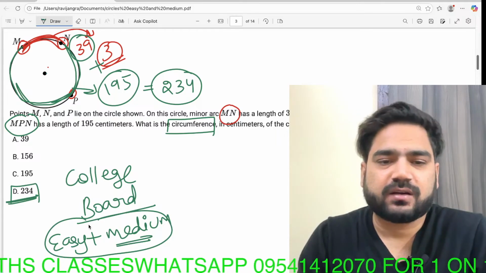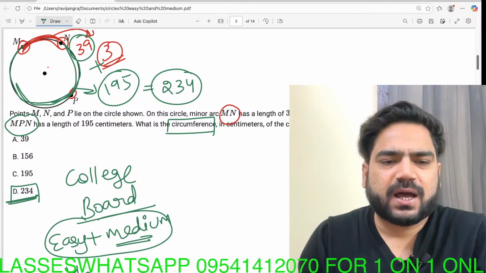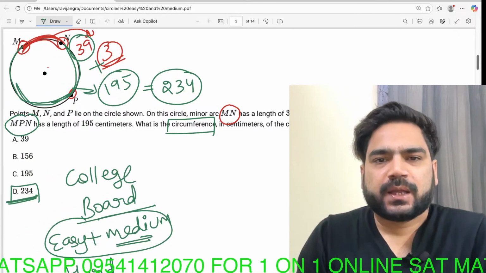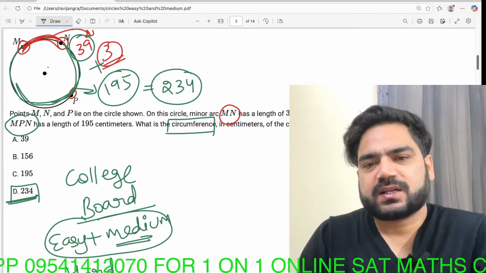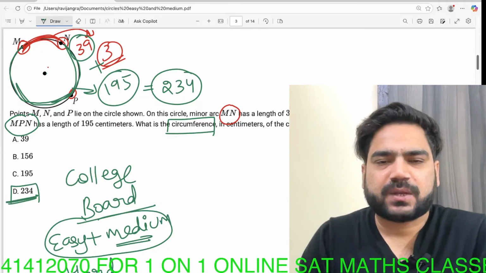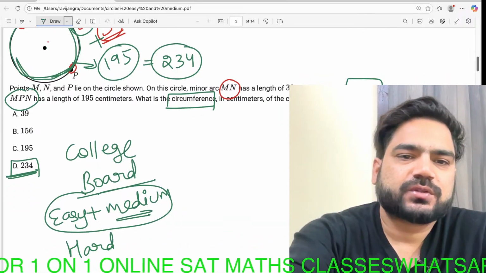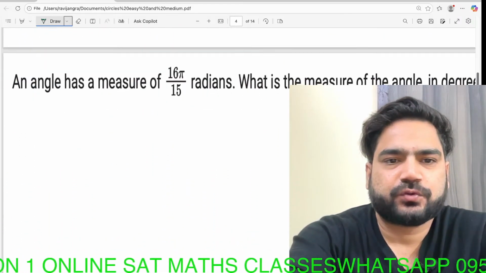In the next session I will come with the hard questions, but hard questions are not that hard. They are also based on the same concepts. So concepts are the same whether it's an easy question, a hard question or a medium question. Okay, so moving on, next question. Three questions we have covered so far.